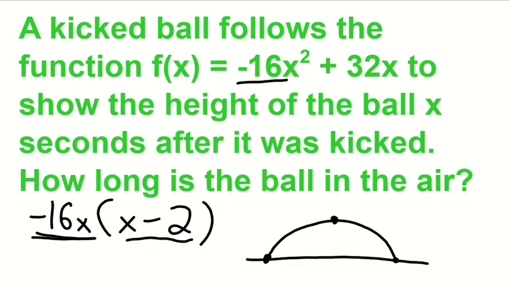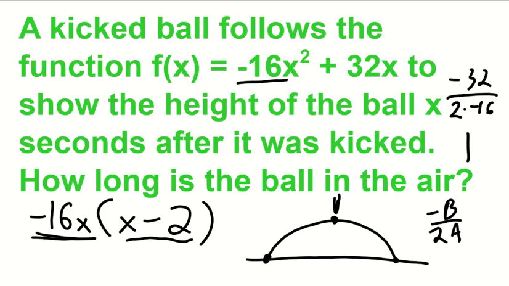So if you want to know where it hits the ground, you can do opposite of b over 2a, and that's going to tell you how long it takes to get there, and you just double it. So if I did opposite of b over 2a, that gave me 1, and so it takes 1 second to get to the maximum, and then that means it's going to take 1 more second, 2 seconds total. Everybody kind of follow on that?